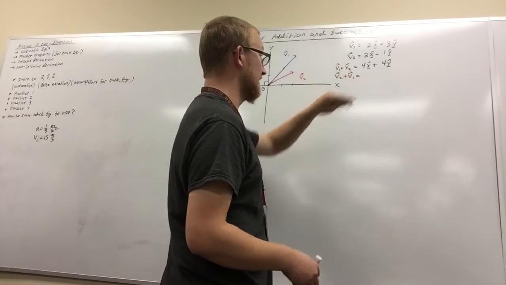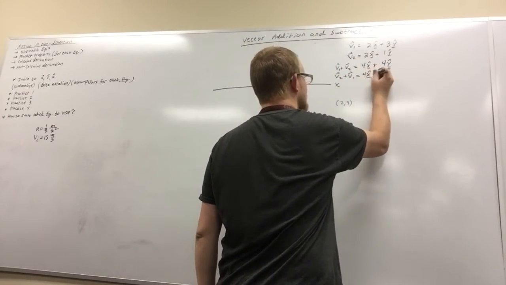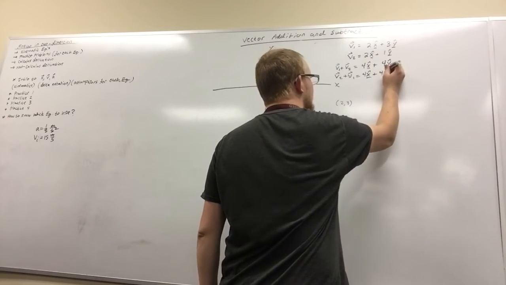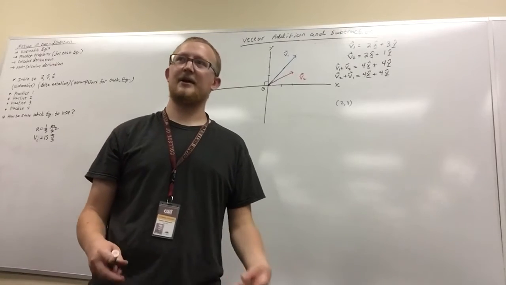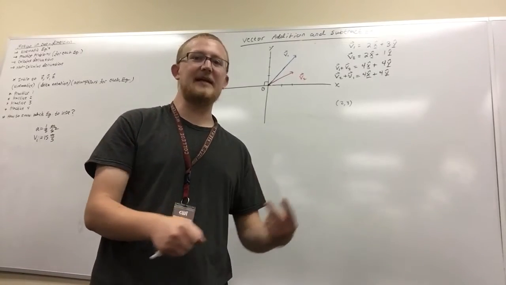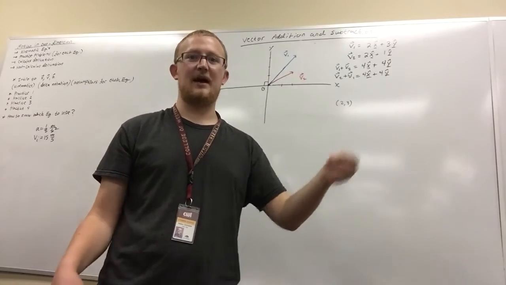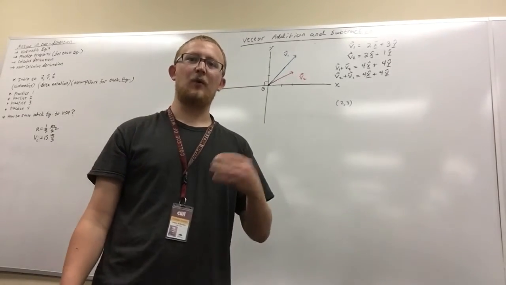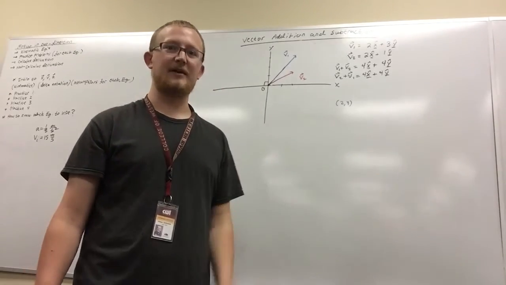Instead of doing v1 plus v2, I'm doing v2 plus v1. I actually end up with the same solution. You know, for example, just like in a regular number line, if you take 2 plus 3, that's equal to 3 plus 2. But if I take 2 minus 3, that's not equal to 3 minus 2. One of them is actually going to be the negative of the other one.